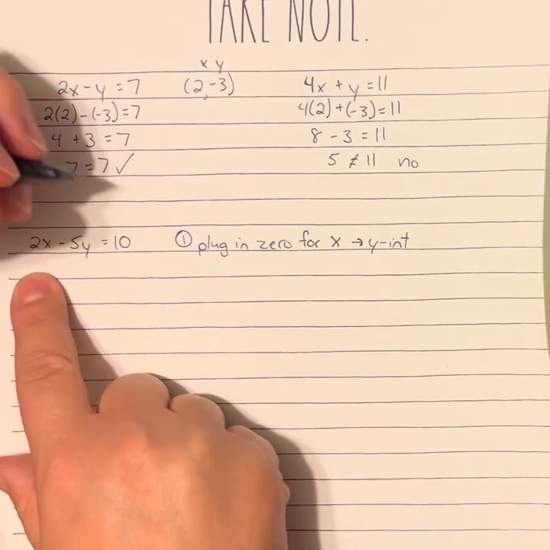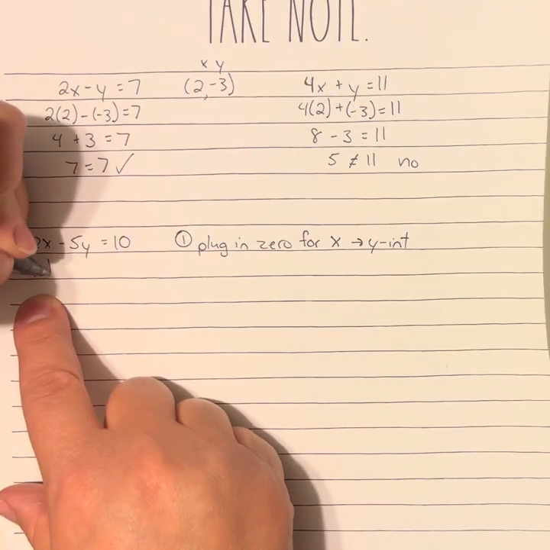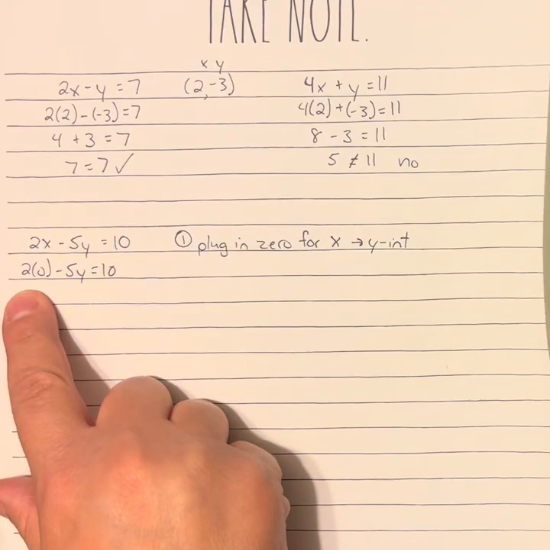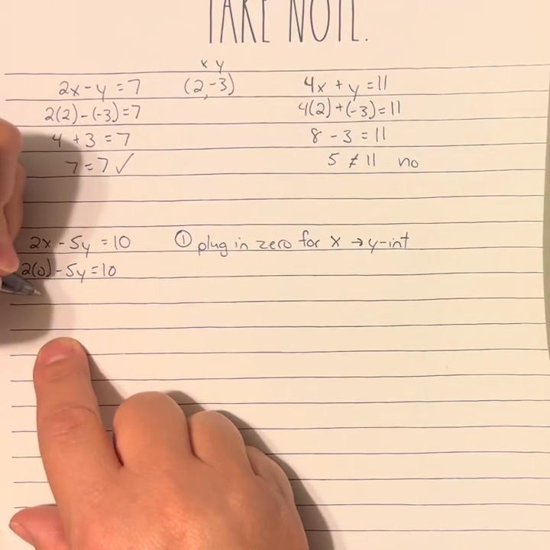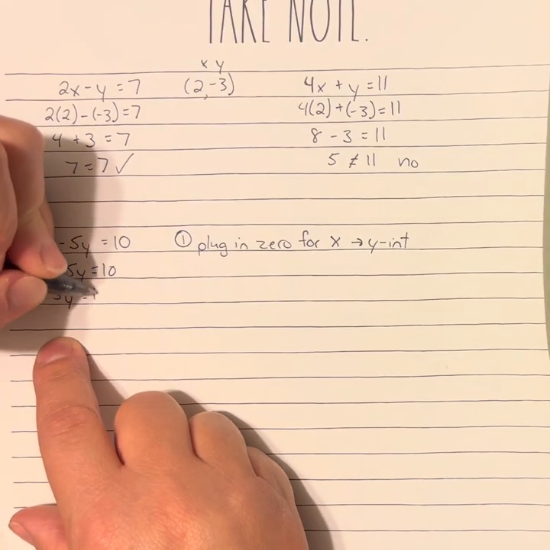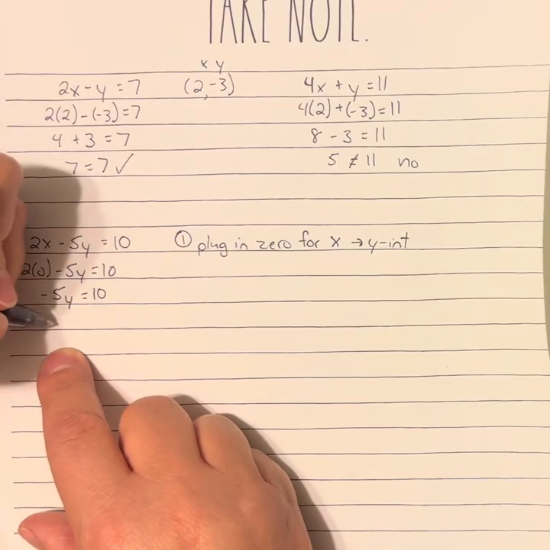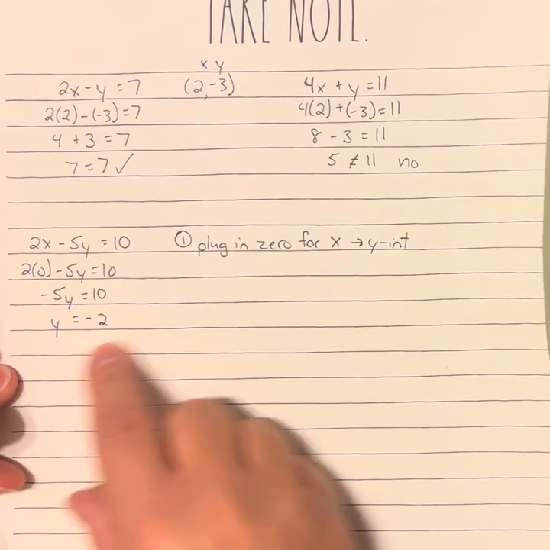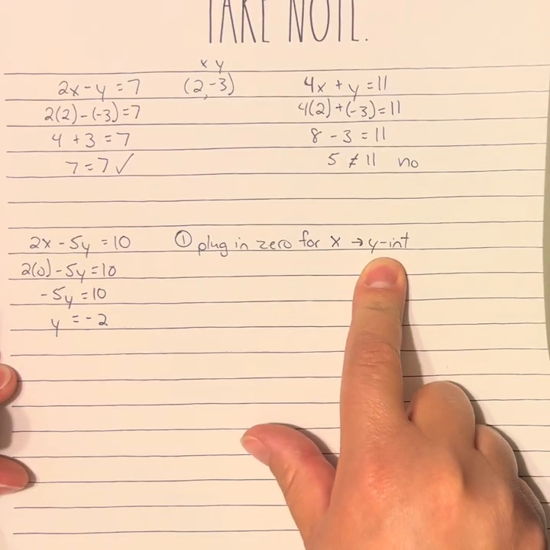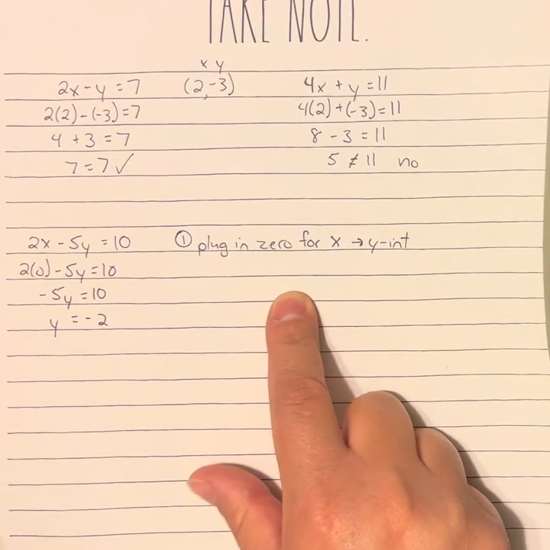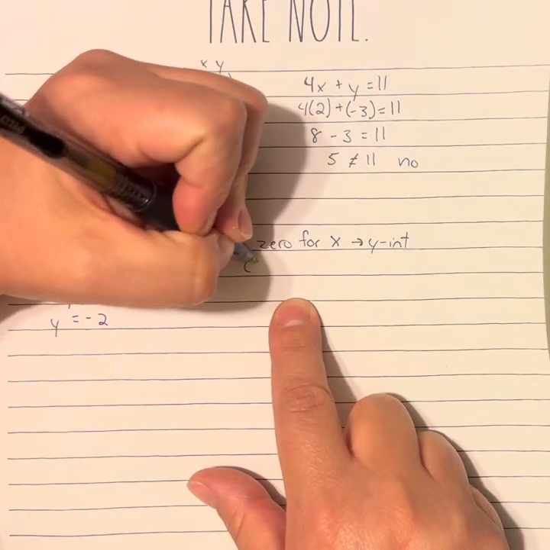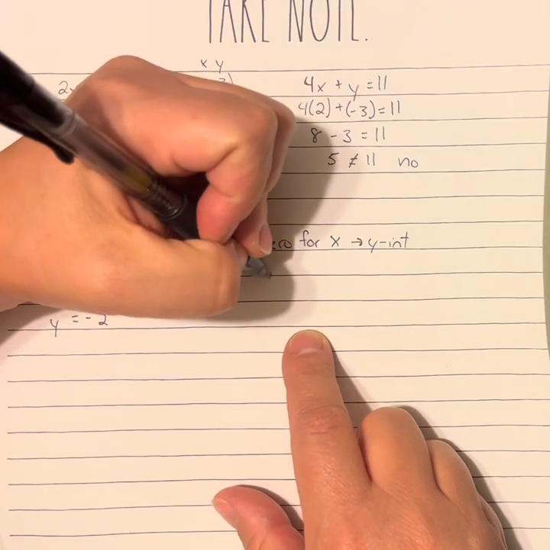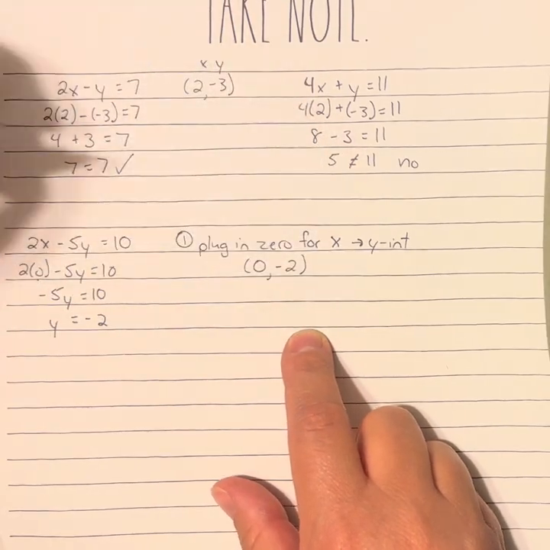So if I plug 0 in here, I'll have 2 times 0 minus 5y equals 10. Well, 2 times 0 is 0, so I'll have -5y equals 10. Divide both sides by -5, so y equals -2. So we found our y-intercept, and the ordered pair for a y-intercept, the x value is 0. So it's going to be (0, -2).